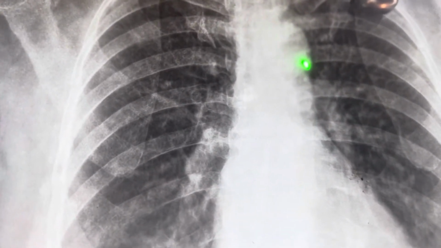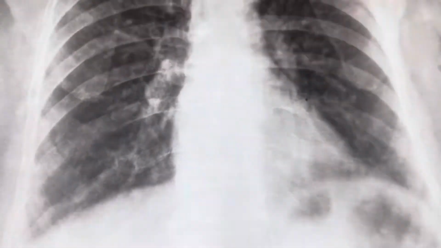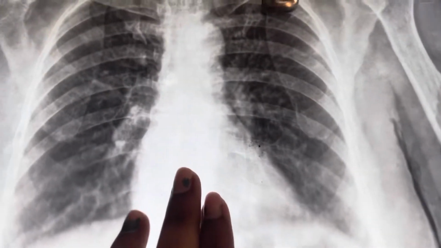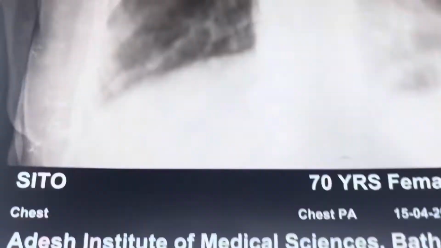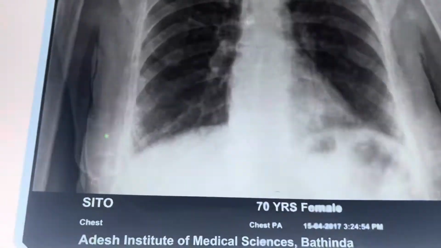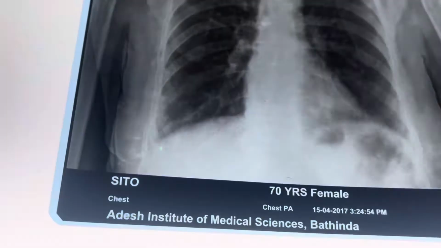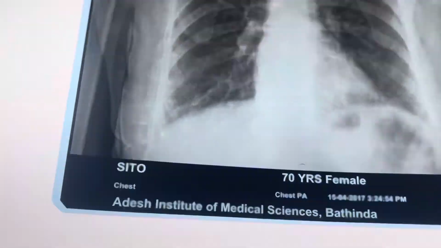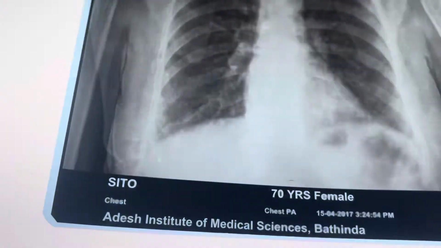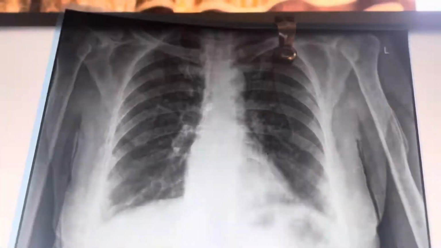This is your aortic knuckle. This is the cardiac notch. This is the complete shadow of the heart. And here this point is the costodiaphragmatic angle. Here we can find a recess that is called the costodiaphragmatic recess.